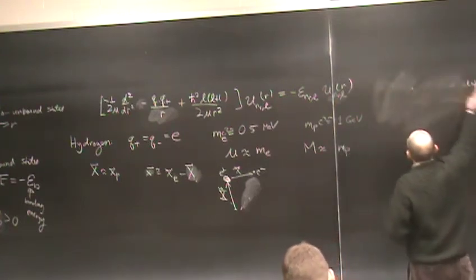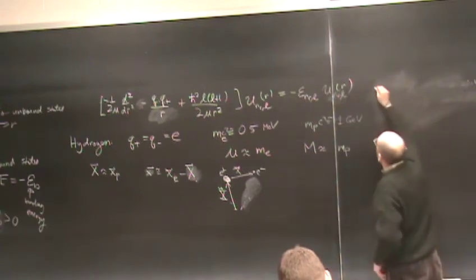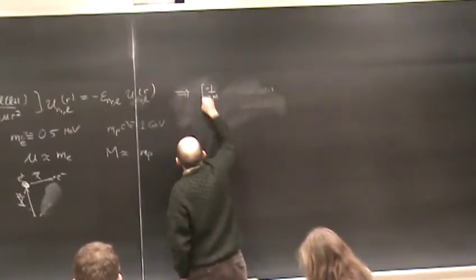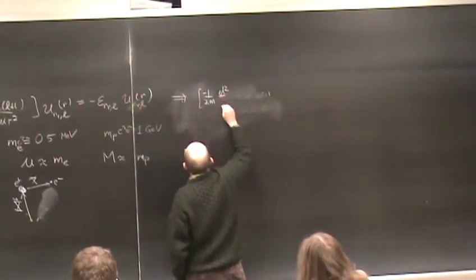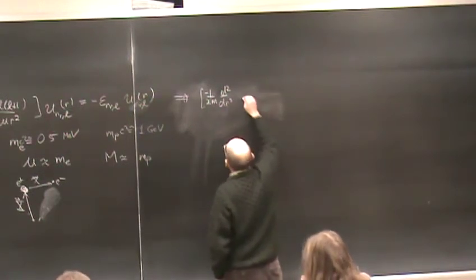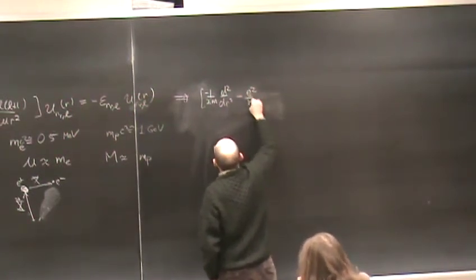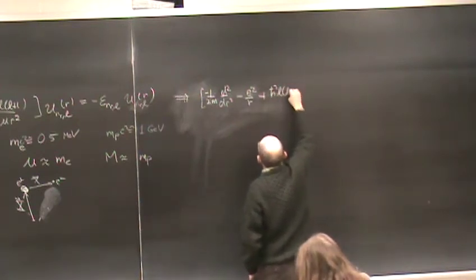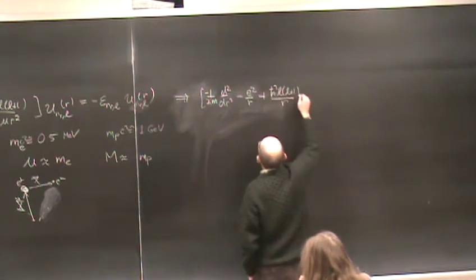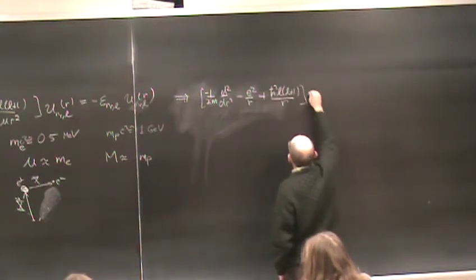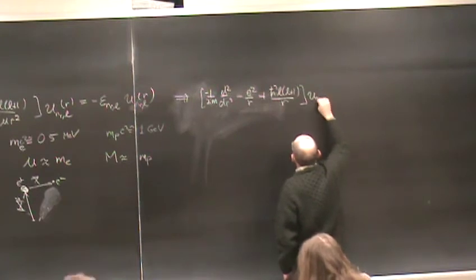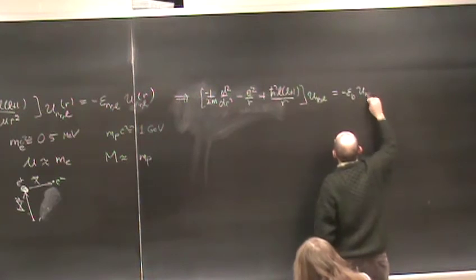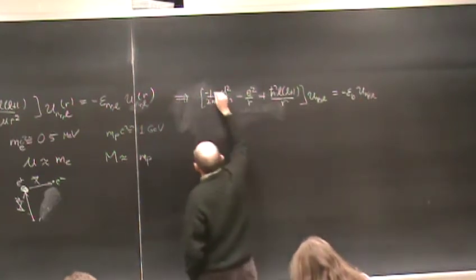So with that correction, to good approximation, this is for the hydrogen atom, we write this as this equation where this is the mass of the electron.